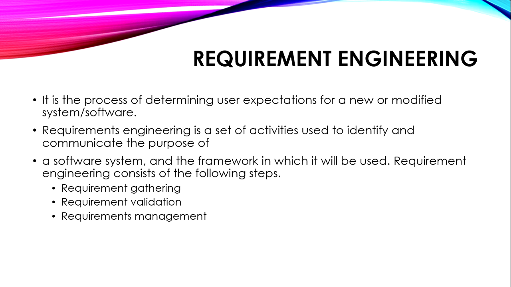There are two types: functional requirements and non-functional requirements. Functional requirements specify the software functionality that the developers must build into the product. Non-functional requirements specify criteria for judging the operation of a system.